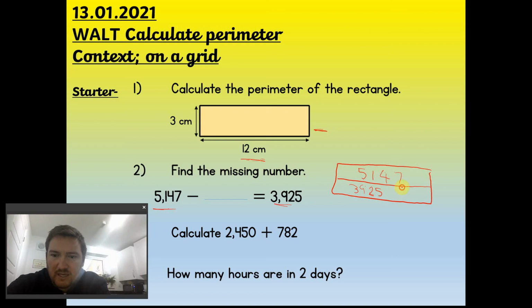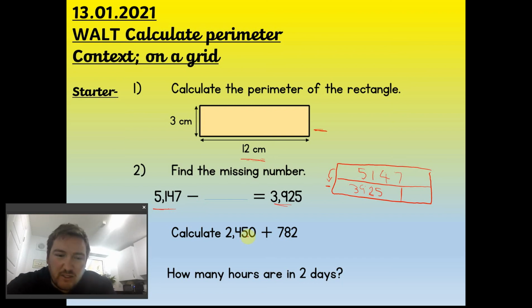But we're missing another part. So at the moment, we've got 5,147 take away 3,925 is going to equal this amount here. What can we do? If we know the answer and we have a part of the question, what do we have to do to this operation to work it out?